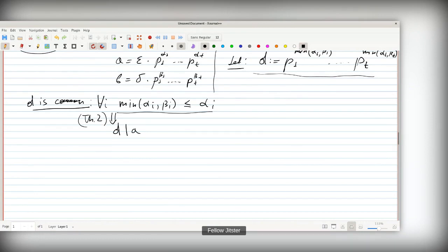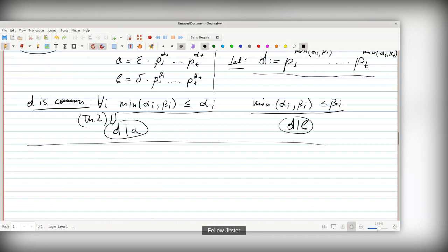And likewise, of course, this minimal value is less or equal than beta I for every I, hence D divides B. As I have already said, in order to prove that one number divides another one, it is enough to compare the exponents of every prime in their factorizations.